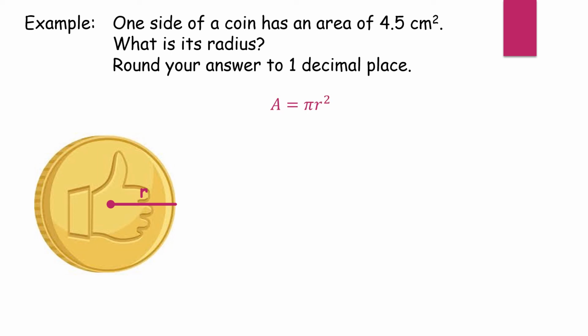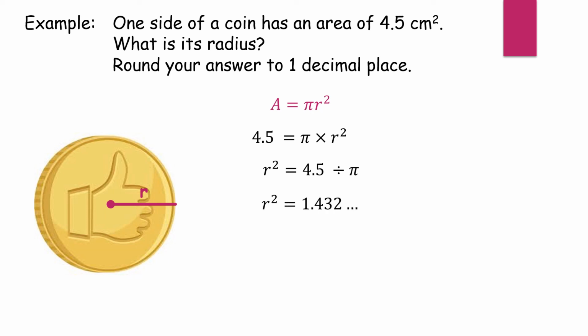So we're using A equals pi r squared because you can see we've been given the area in the question, and it's 4.5. So we're going to substitute that into our equation, and we're going to get 4.5 equals pi times r squared. Now we want to do the inverse operation of multiply by pi. We want r squared on its own. So we want to do r squared equals 4.5 divided by pi.